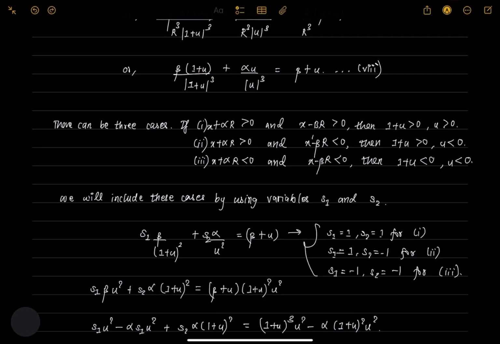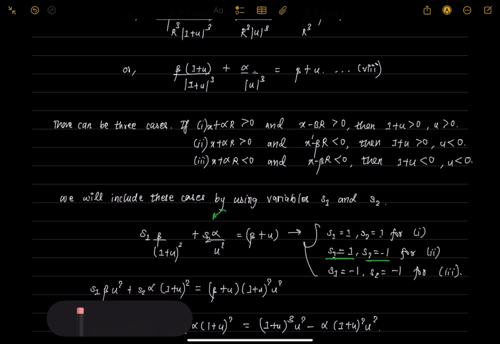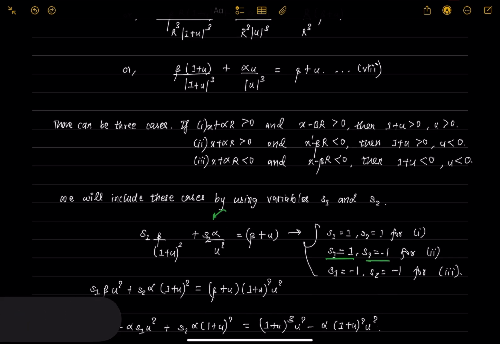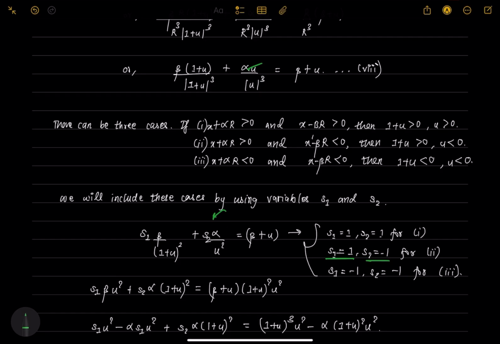And so for the second case, s1 is 1 and s2 is negative 1. That's what we're going to have to plug into the second term if we want to cancel u and u cubed there. It will be a squared, but we'll need to plug in the signs carefully.